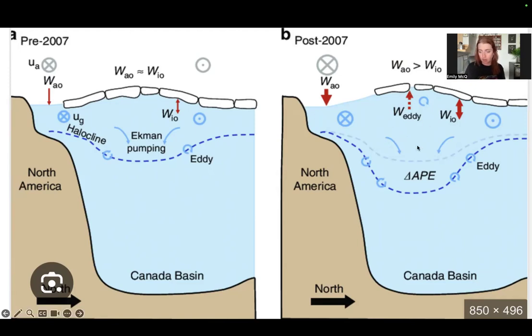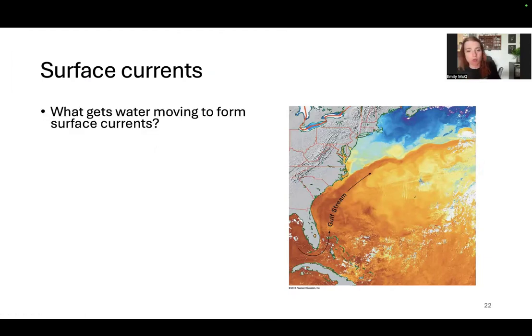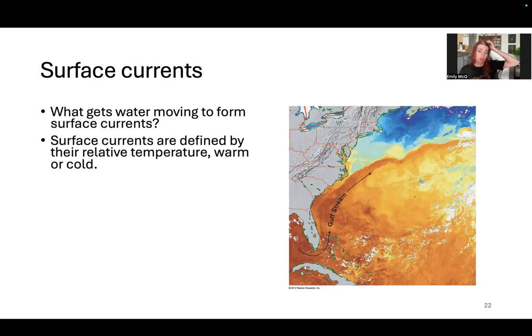Here's an eddy spinning. But these gyres are like bulges in the ocean that happen because of the circulation of the ocean. And they happen because of different currents moving in different directions. So water moves to form surface currents, which will form these bulges in the ocean.